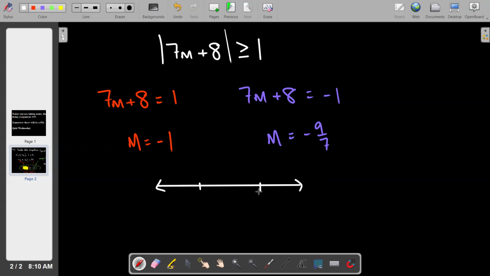Which one goes first on the left? -9/7 is a bigger negative number than -1. -1 and 2/7 is more negative. So we're going to put the purple one over here, and then the red one over here. What kind of circles am I going to do? Open or closed? Closed.